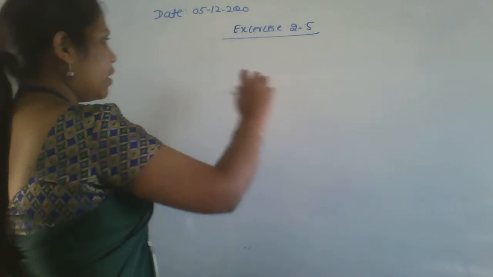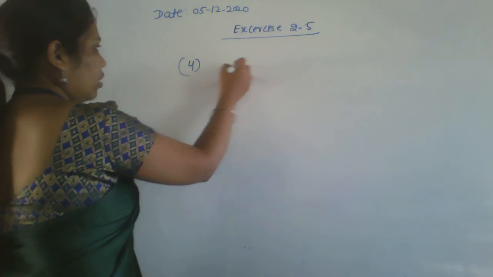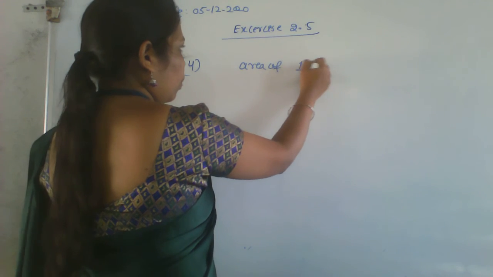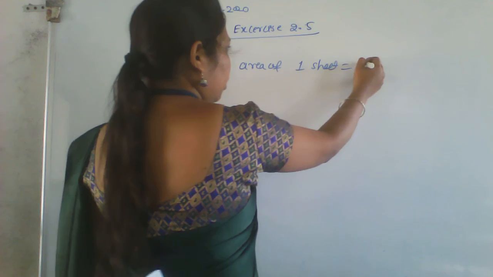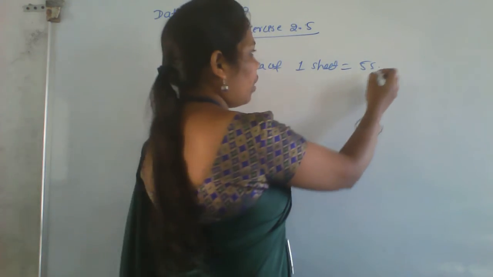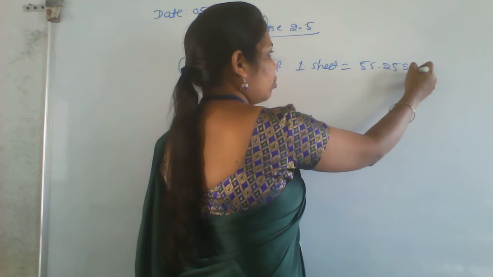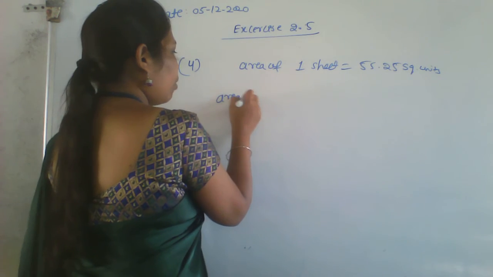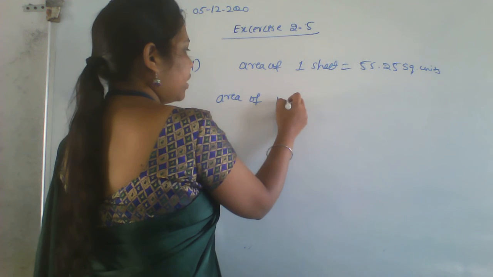You have to find the 100 sheet area. Fourth one. Area of one sheet is equal to how much? 55.25 square units. Okay. You have to find the area of 100 sheets.